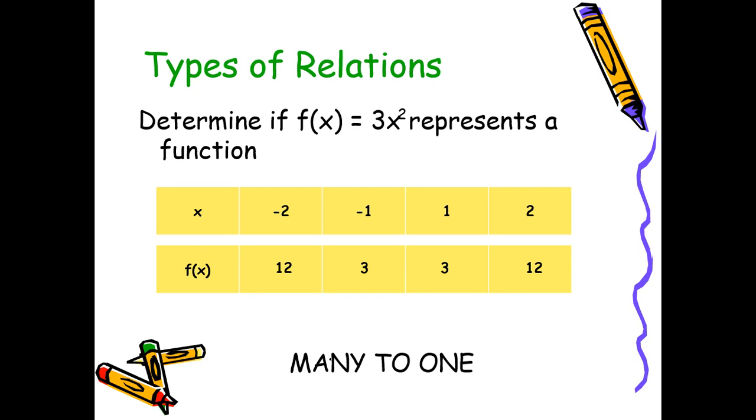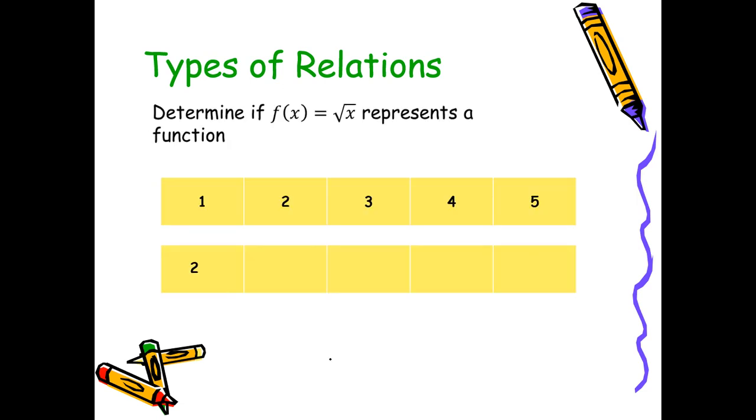Okay, so recap lang, one-to-one correspondence is a function. One-to-many correspondence, not a function. Many-to-one correspondence, function. Lastly, we have here the many-to-many correspondence. Okay, so on this example, if we're going to determine if f of x is equal to the square root of x can represent a function, and by having 1, 2, 3, 4, 5 as the value of x, then makukuha natin na f of x is 2, 1, 2, 4, and 7.